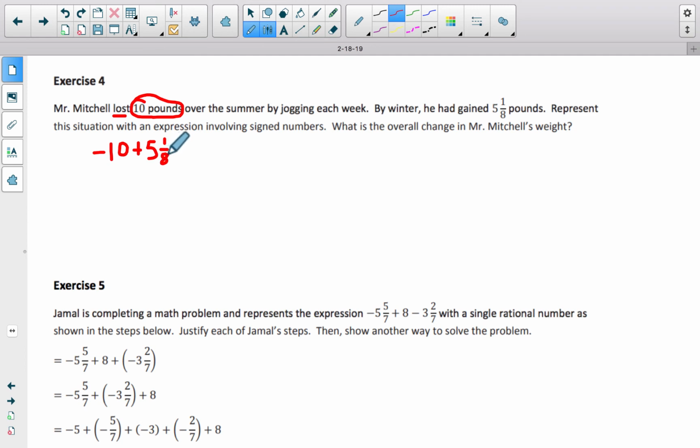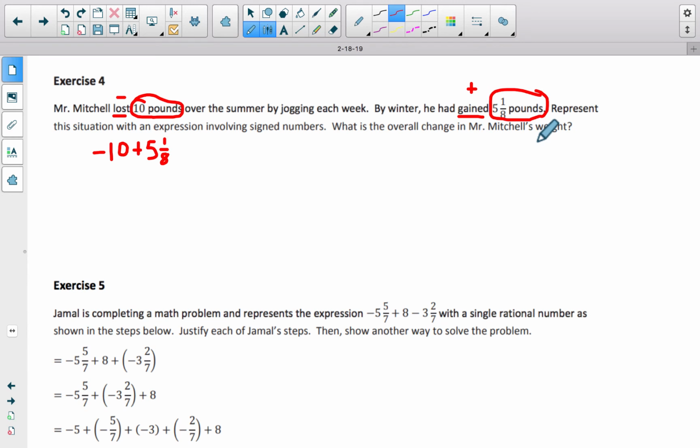Okay, so gaining here is a plus, and losing is a negative. Now, we need to represent the situation with an expression, which we already did. All right, this is an expression. And then it's asking, what is the overall change? So this is the question we need to answer.